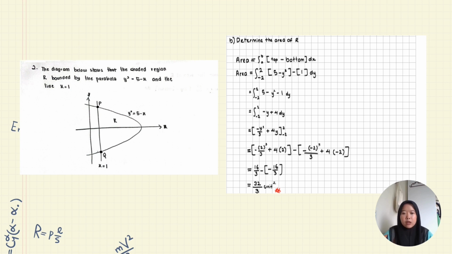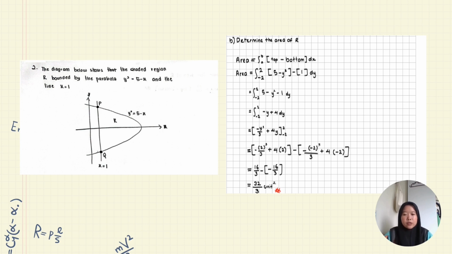It will become negative y to the power of 3 over 3 plus 4y. And then we can substitute the points: negative 2 to the power of 3 over 3 plus 4 times 2, minus negative 2 to the power of 3 over 3 plus 4 times negative 2.